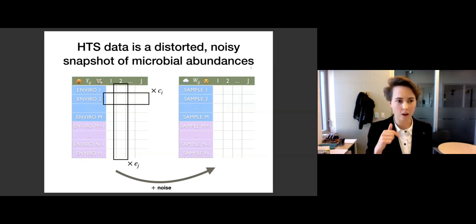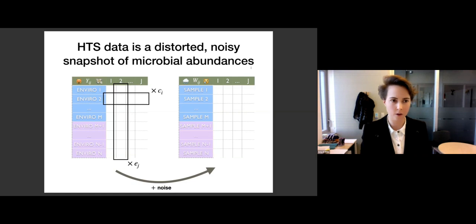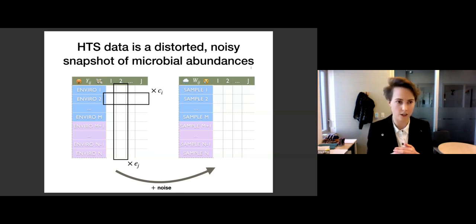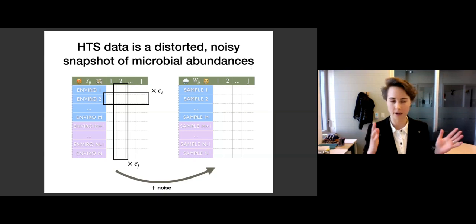Every one of these columns has this multiplicative distortion associated with how easy that unit is to sample. For example, we know that cell wall type interacts a great deal with DNA extraction efficiency, and we are more easily able to pull DNA out of certain cell types, certain bacterial strains and cell wall types, than others. That's just one example. People have talked a lot about GC bias.